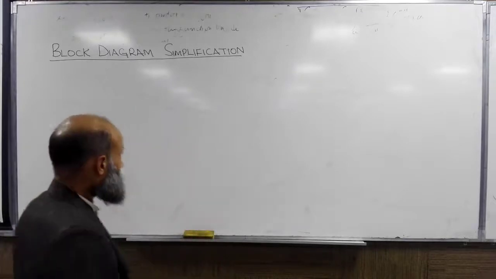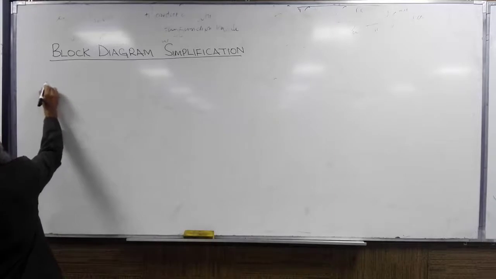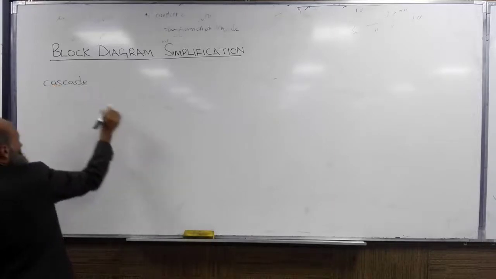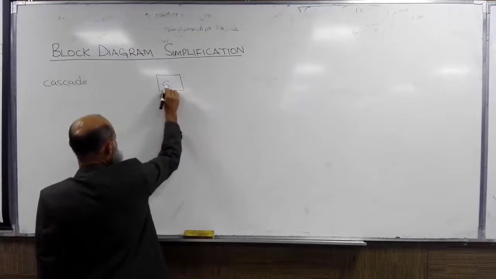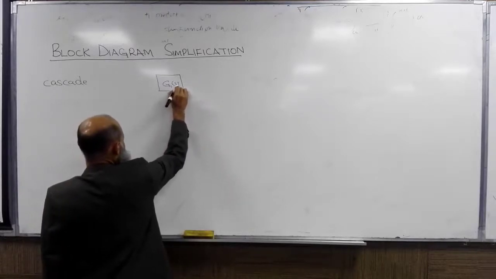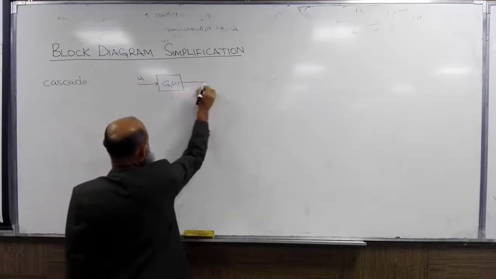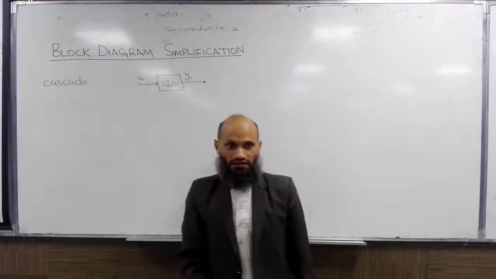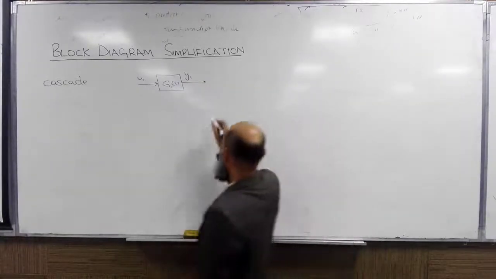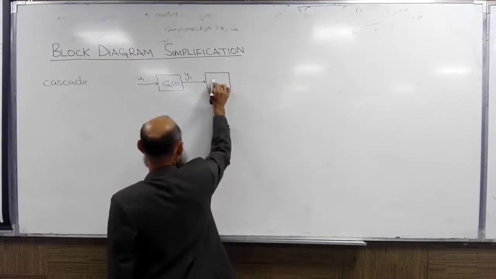So if you have systems which are connected in cascade, that is you have one system G1 of S with input U1 and output Y1, and there is another system which is connected in cascade with it.